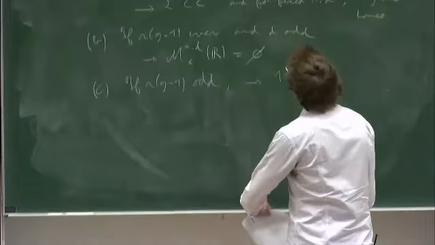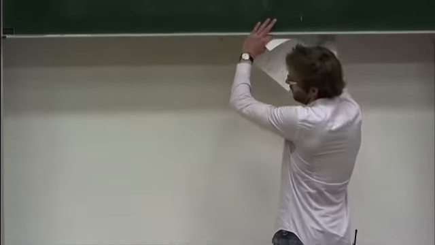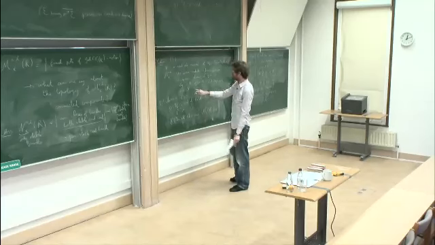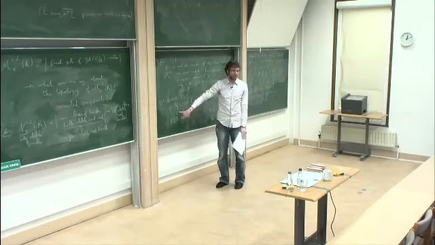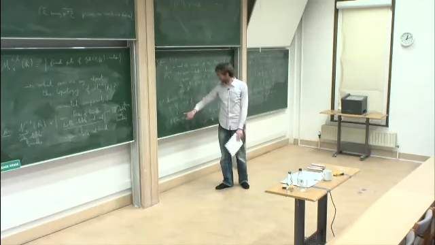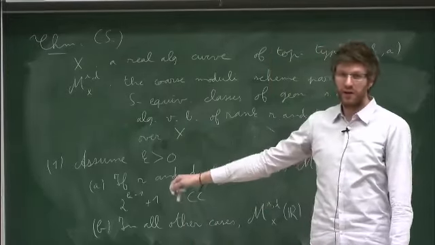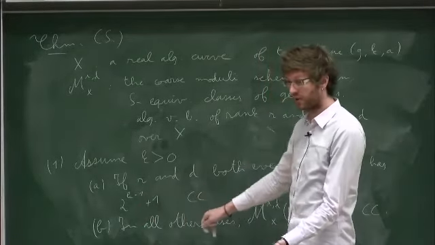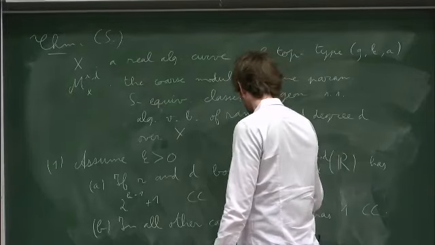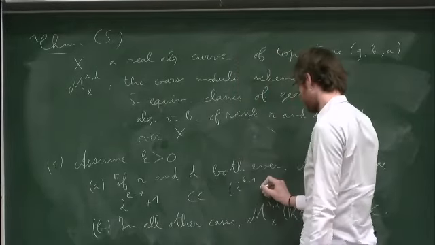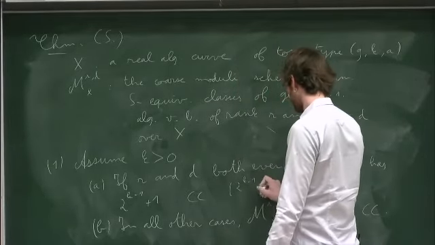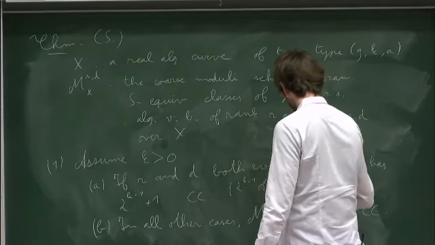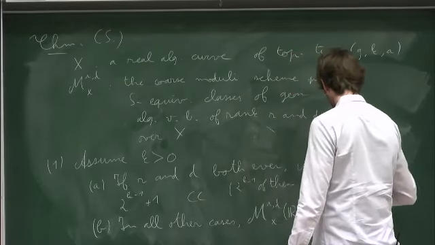Okay, and I forgot to say here that between these 2 to the K minus 1 plus 1 connected components, there are 2 to the K minus 1 of them which are pairwise homeomorphic, and the other one is not homeomorphic to the previous ones. So this needs some explaining.